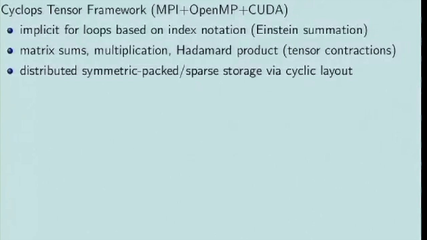And it primarily targets tensor contractions and also tensor summations, as well as essentially arbitrary functions on tensors, as I'll show. You can also think of this as essentially functions on multidimensional arrays and ways to interact pairs of multidimensional arrays. It also was built to support symmetric packed storage, so only storing the unique part of each tensor, and it now also supports sparsity. For both of these, we achieve nice distributions via what's called a cyclic layout, which I will explain.